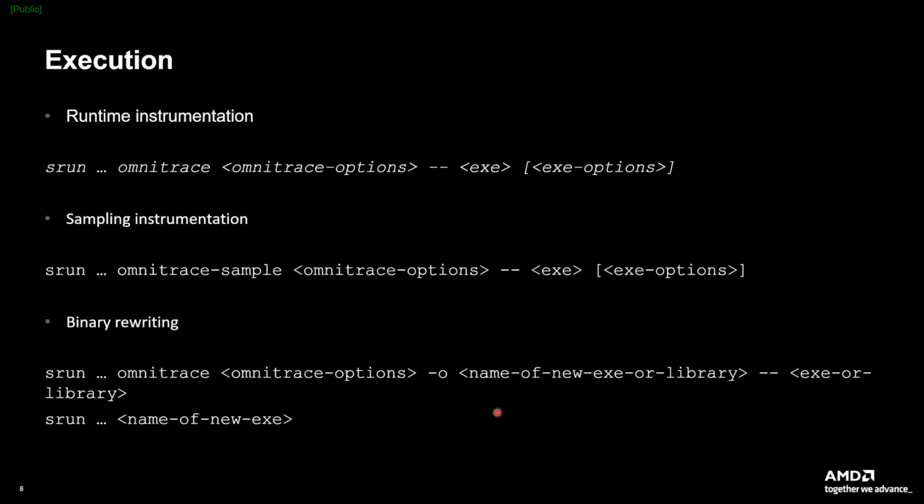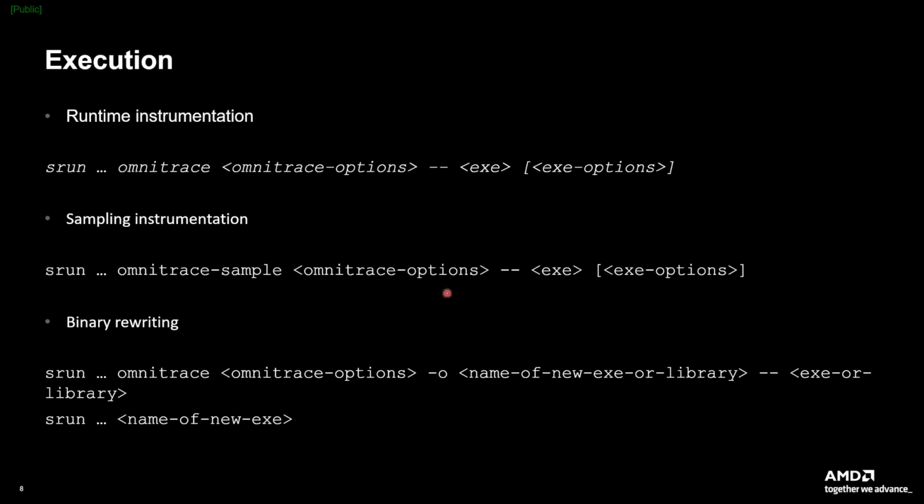How does the execution happen? You run with the options that you want, OmniTools options, then -- and then the application. The -- separates the OmniTools options from the application. For sampling, use omnitrace-sample, OmniTools options, and again the same.